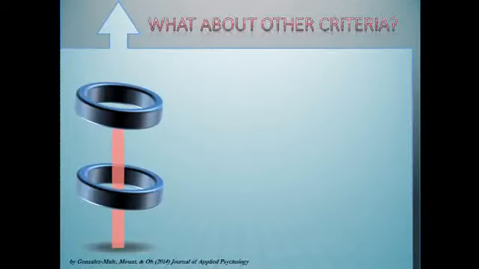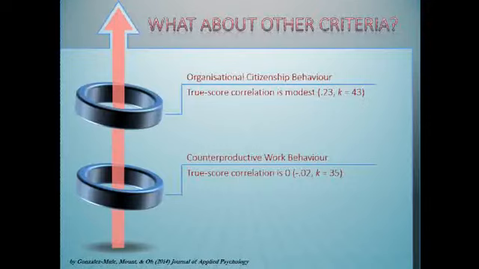Now, class, what about other criteria? What about counterproductive work behavior? Does general mental ability predict whether people break the rules at work? And what about organizational citizenship behaviors? Does general mental ability predict helping?